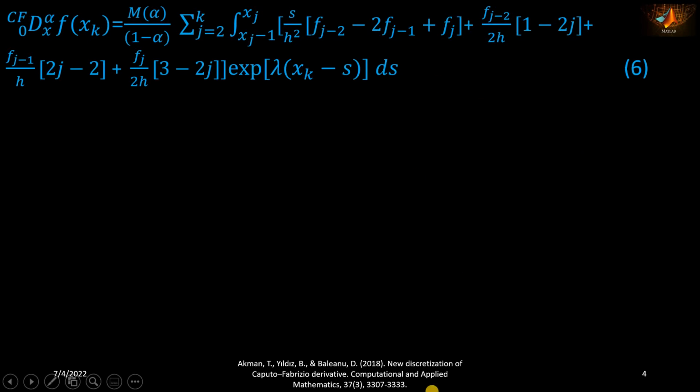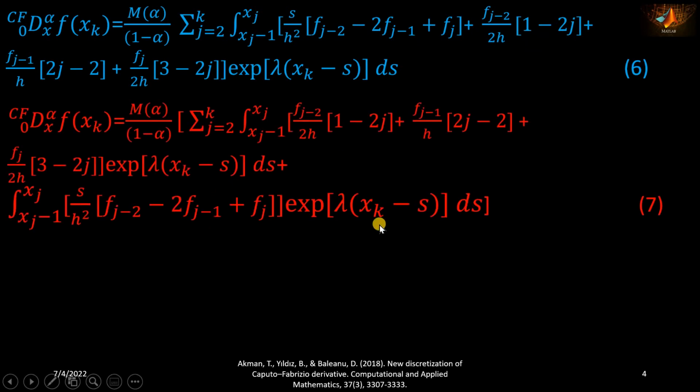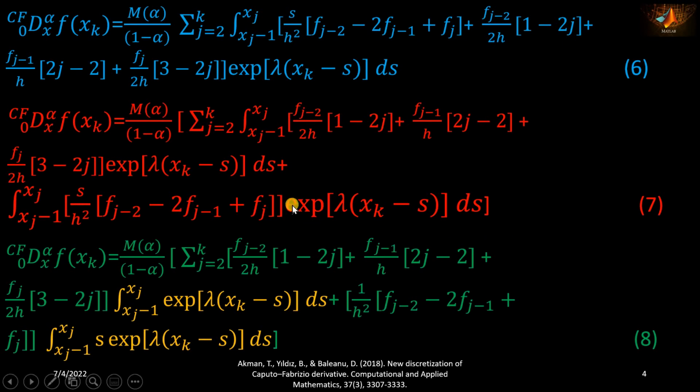Now you can see in equation number 6 we have an exponential function. I have given this exponential function with the first term, which is with s, and then with the other terms as well. If I do so, I will have equation number 7. A little more simplification is required, and after that you will have equation number 8.